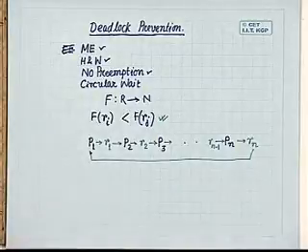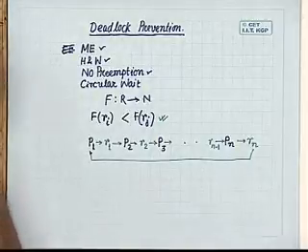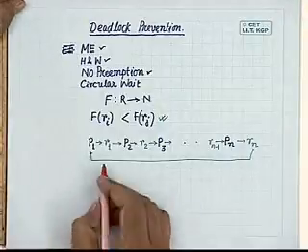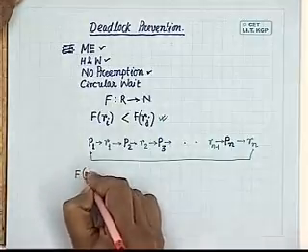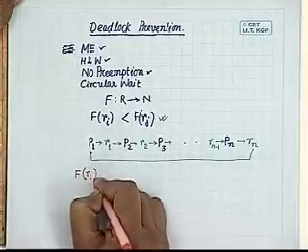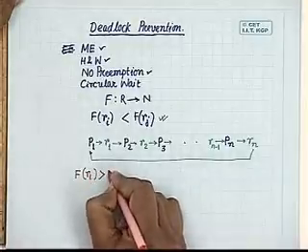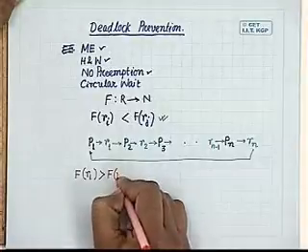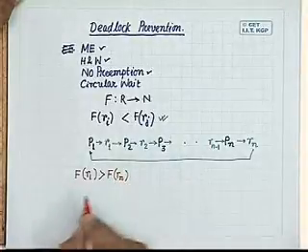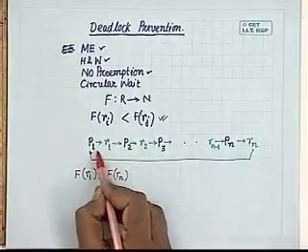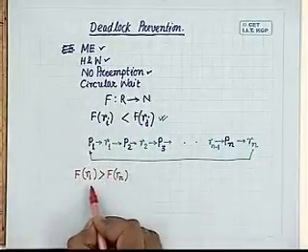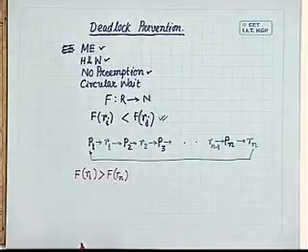So the condition that must be satisfied is f of R1 must be greater than f of Rn, because process P1 is holding Rn, and while holding Rn it requests R1.